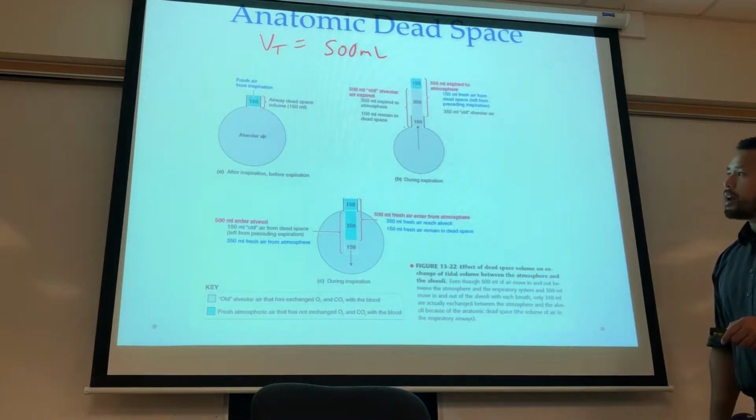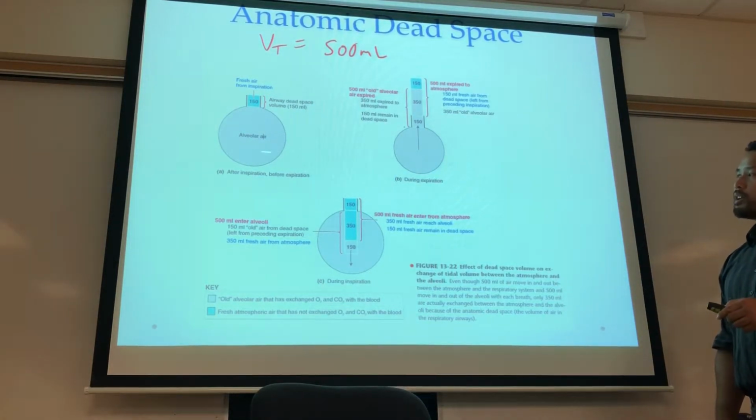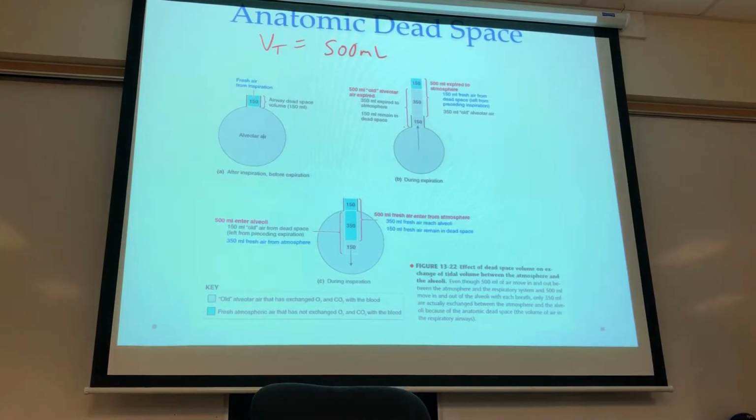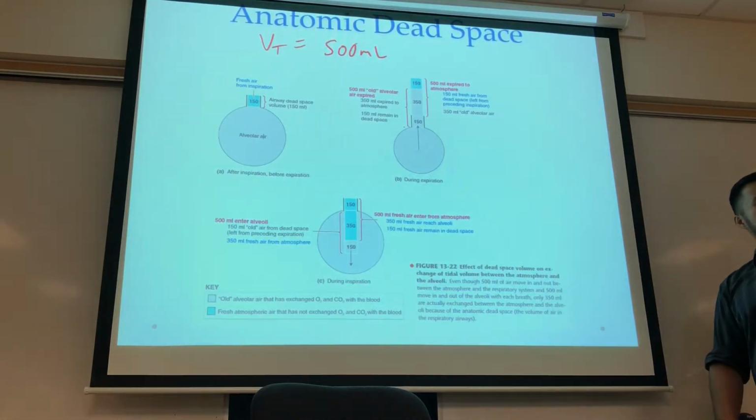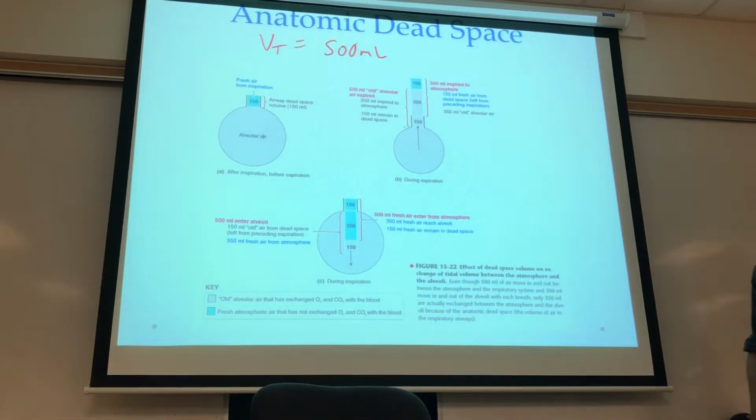And what we're going to start off with is your lungs filled. You've filled up with normal air, and you've got 150 milliliters of fresh air sitting in the conducting zone. As I mentioned earlier, you've taken a 500 mil breath of air in. 150 is going to be sitting in the anatomic dead space.